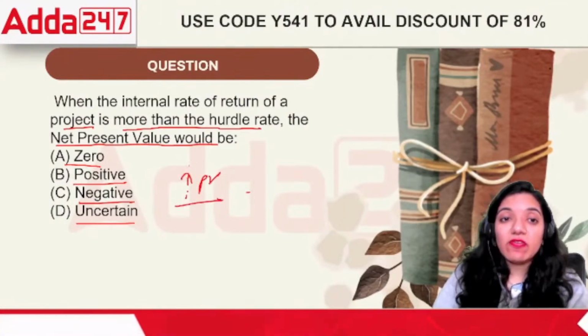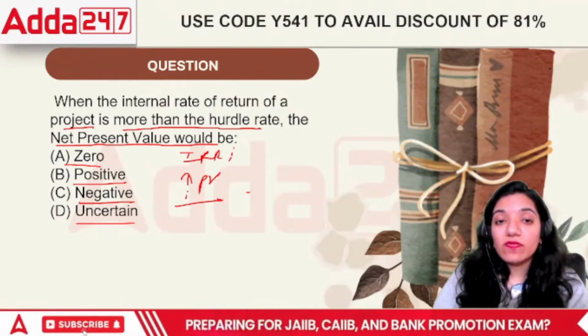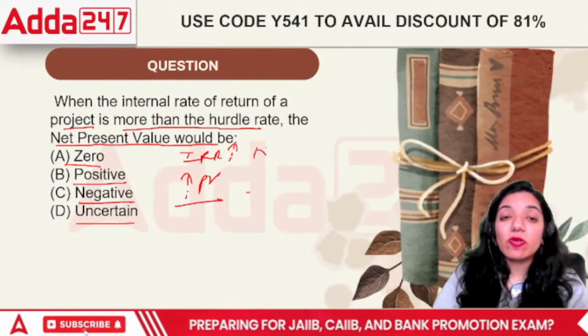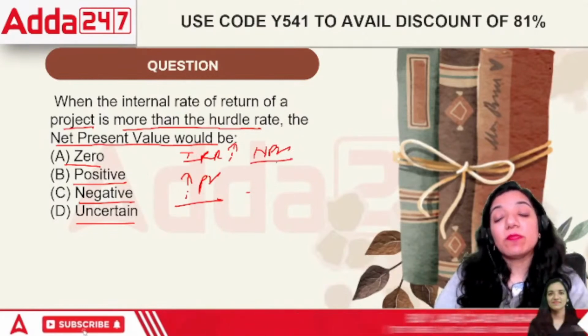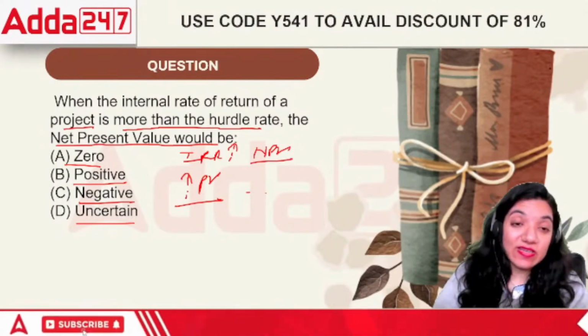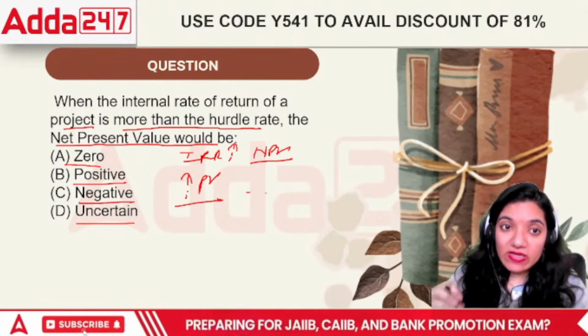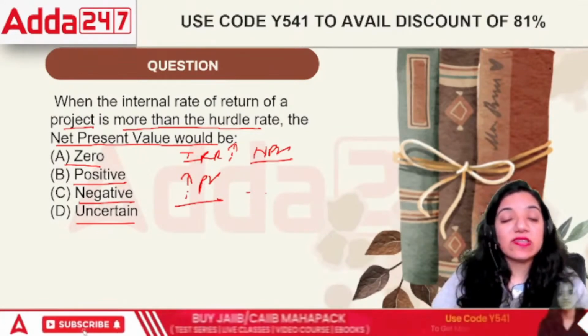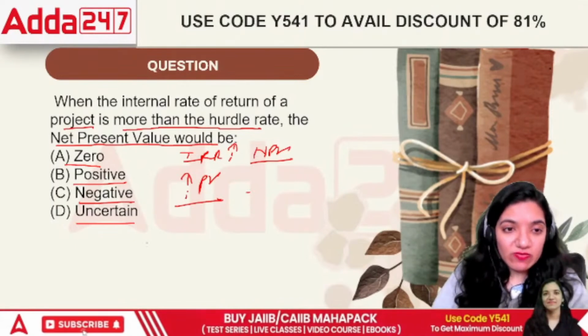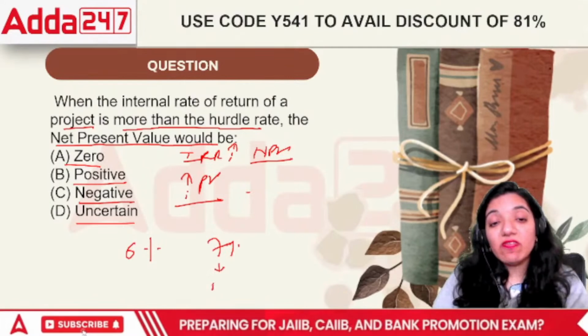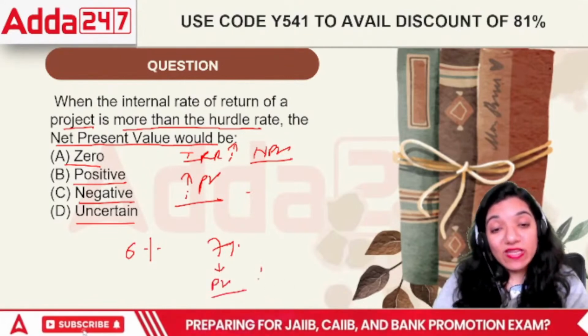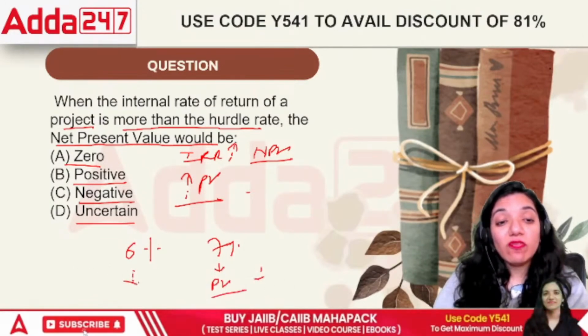That's the rule. If your IRR is more, then your NPV would be less. The net present value would be basically, in this case, the present value of the cash flows would be a little less. If your rate is more, then what will happen is, let me just give you a brief there. If we have 6% and 7%, the PV of 7% would be less, while the PV of the 6% would be more.